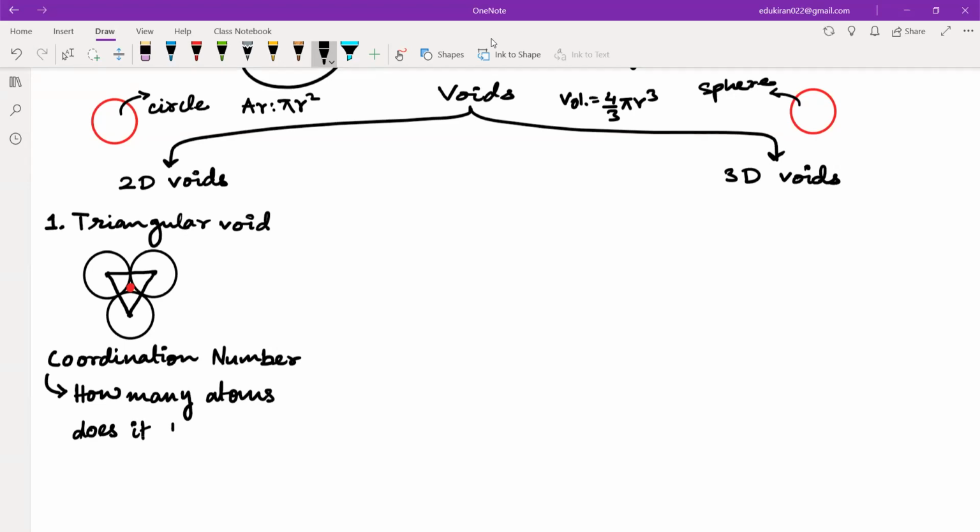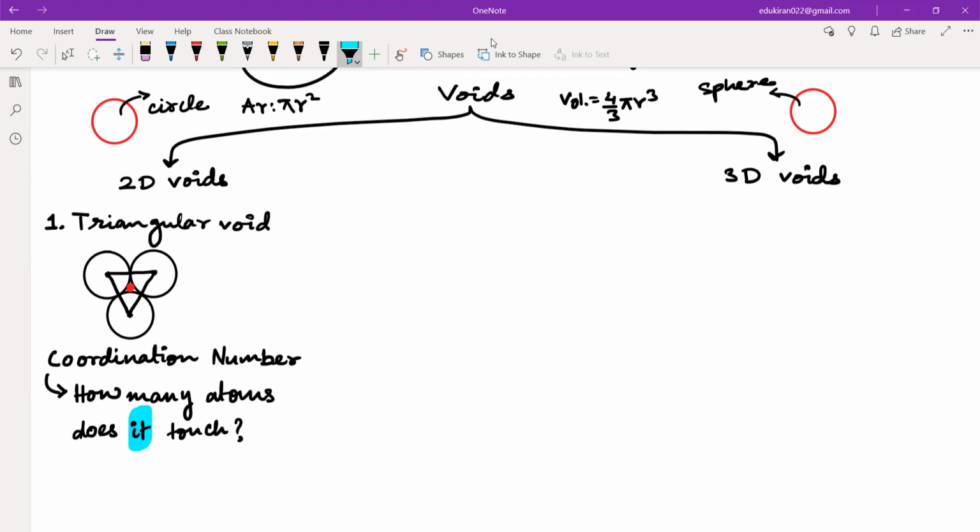Now you have to focus on this word "it", because it will be changing. Right now we are talking about the coordination number of a void. After a while, we will be talking about the coordination number of an atom. But the question will be the same.